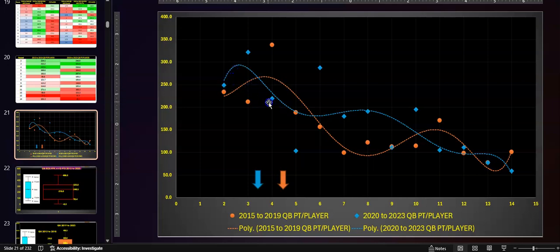And if you look in the recent times, again, the last 4 years, around round 8, you're starting to see a decline at that point. And in orange, it was about round 5 or so, you were starting to see a decline. You had a pop at about round 11 and then a decline again, but really nothing you'd want.